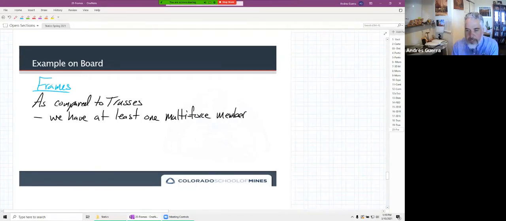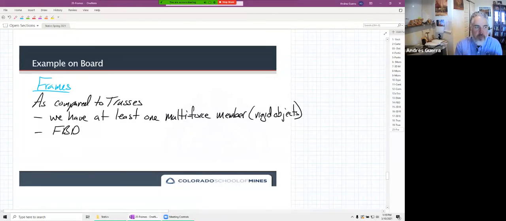Anytime I say member, that means a rigid object. So at least one of our rigid objects is going to be a multi-force member. And for our FBDs, with trusses, we had joints and we had sections.